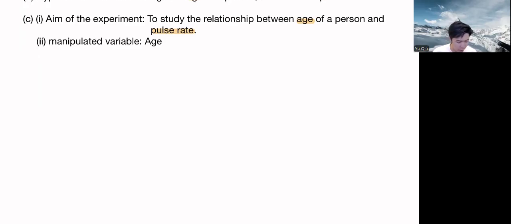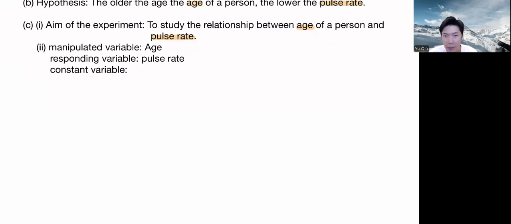Okay, then continue. We have the responding variable. Already got the answer just now, which is pulse rate. Constant variable means things that should be fixed, or things that should not change. You good? Okay, so the constant variable here will be how long you carry out the experiment. Let's say we all have to fix a time. I'm just going to do it in, let's say, 2 minutes or 1 minute or 5 minutes.